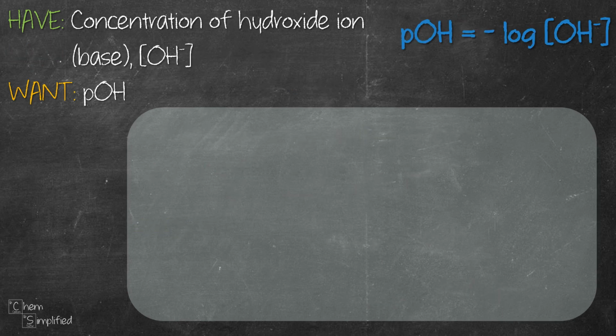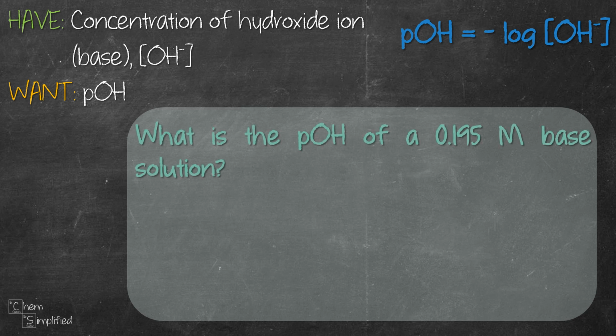Our third equation is similar to the first, except it's about pOH and concentration of OH-. So we use this equation when we have the concentration of the hydroxide ion and we need to find the pOH of the solution. For example, what is the pOH of a 0.195 molar base solution?